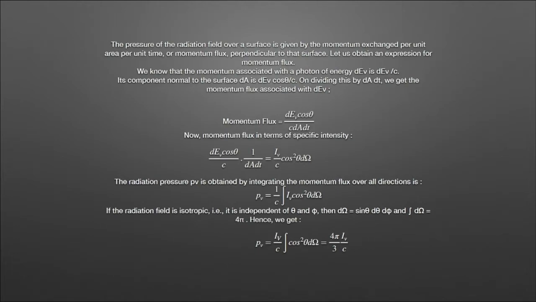It won't depend upon the particular angle from which it is coming or going. Then dΩ is sin θ dθ dφ, and that integration is equal to 4π. Hence we get the radiation pressure, ∫(I_ν/c) cos²θ dΩ, to be 4π I_ν/c. Next slide.